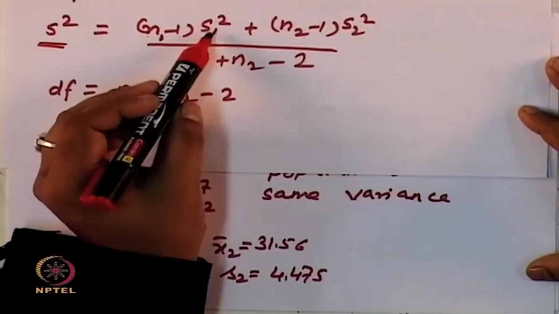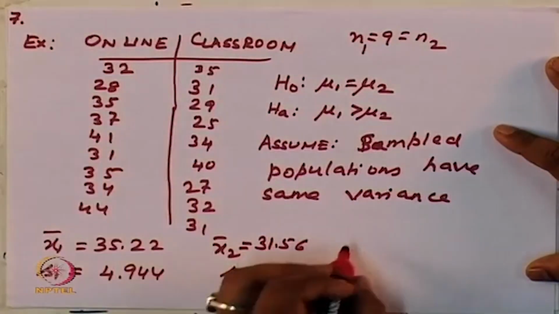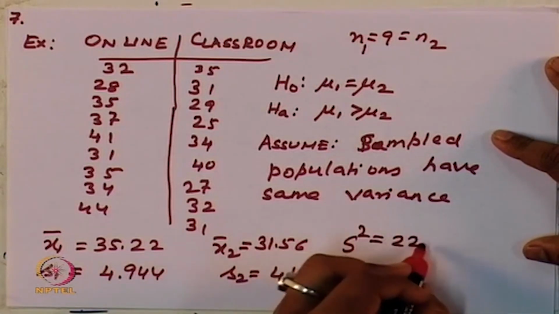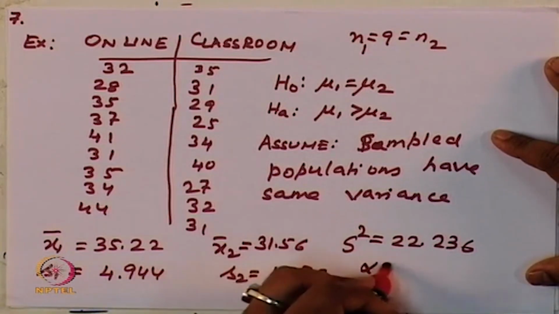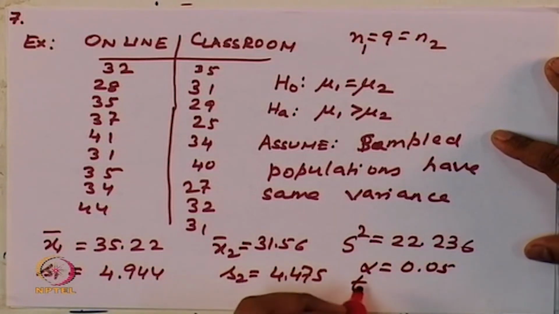You have calculated S1 and S2, so you want to calculate S. Using this expression you will get S square equal to 22.236, and for a significance level of alpha equal to 0.05, you will calculate T.